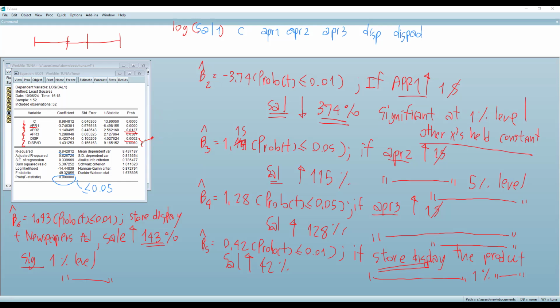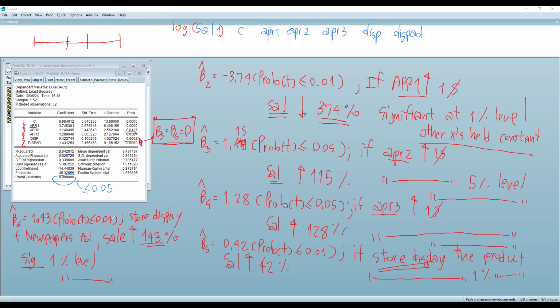On the other hand, I would like to test whether beta 5 equals beta 6 equals 0 or not. It means you do not need advertisement because it has no effect on sales. What should I do? Hypothesis testing.